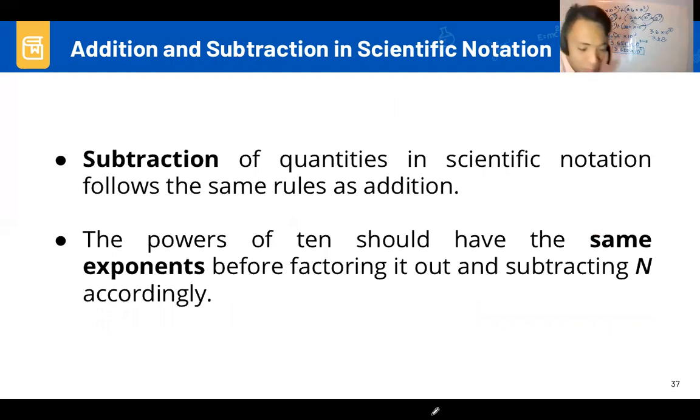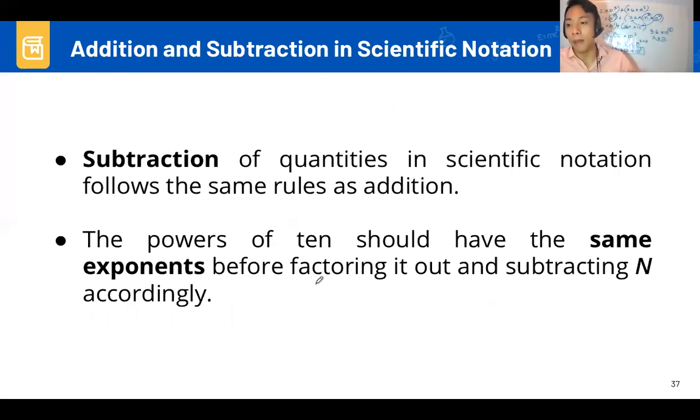Now, before we proceed to the subtraction, since we don't have time, gagamitin ulit natin yung 20 minutes natin na last for our activity.